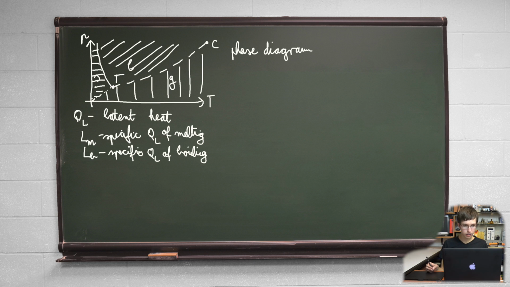Latent heat of melting, QLM, is a product of a material's specific latent heat of melting, Lm, and its mass m. So QLM, latent heat of melting, is its mass m times specific latent heat of melting. Similarly, we have that latent heat of boiling, QLB, is the product of a material's specific latent heat of boiling and its mass, so m times Lb.